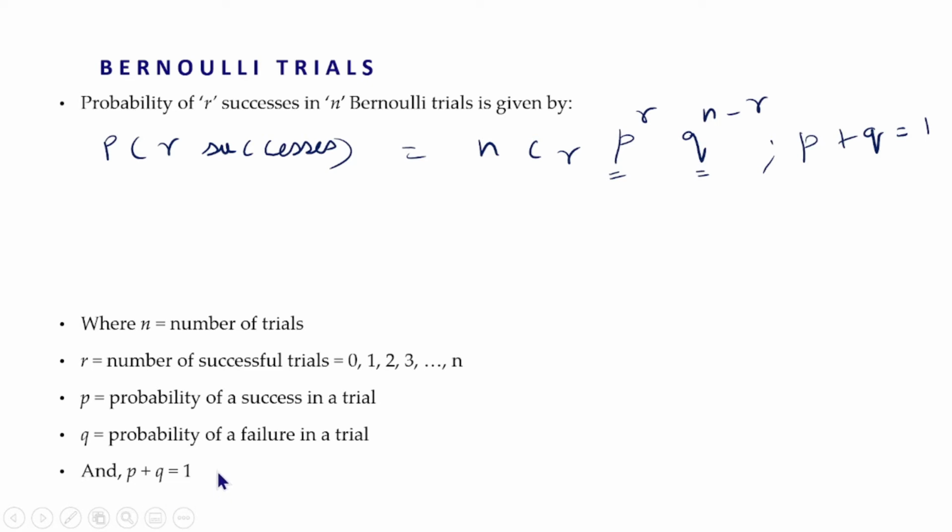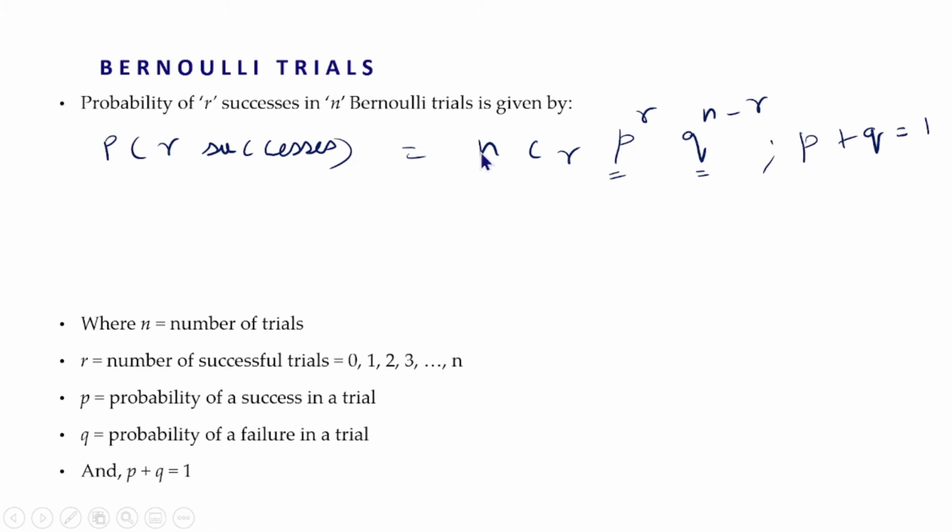So if the given experiment qualifies as Bernoulli trials, then we can easily find the probability of r successes using this formula, if we know the number of trials and the probability of success. Using this we find the probability of r successes as nCr p^r q^(n-r).